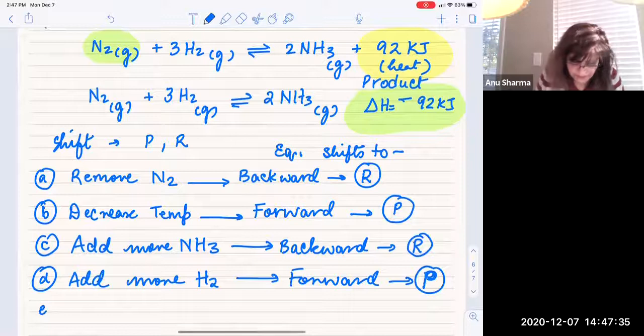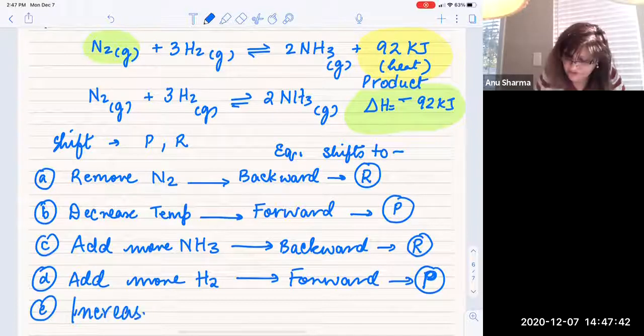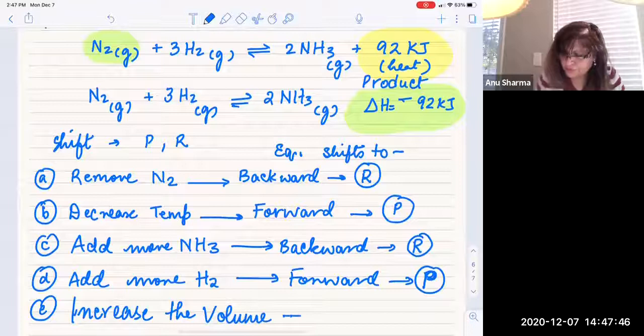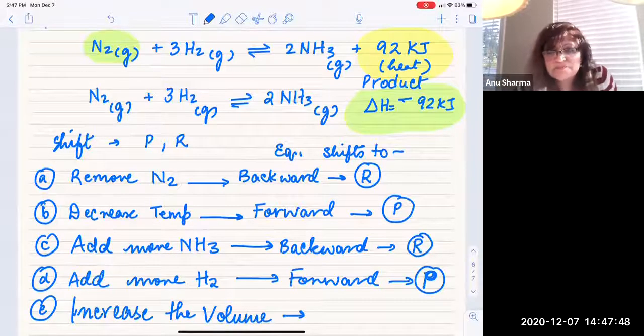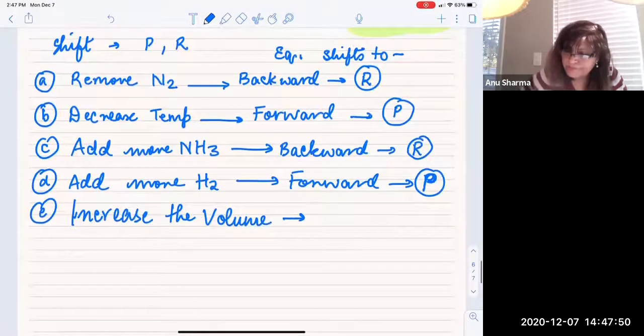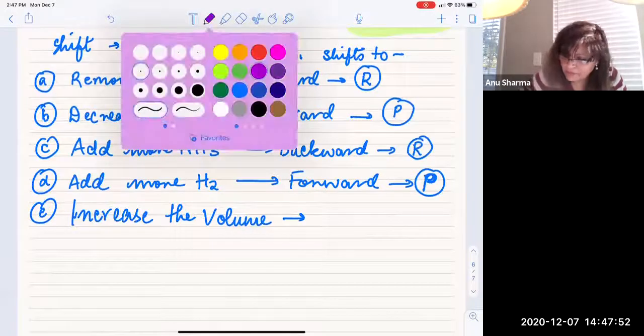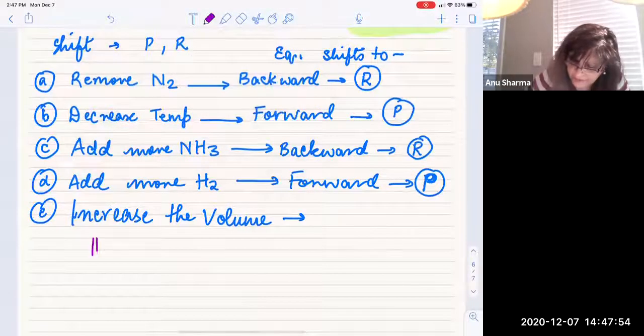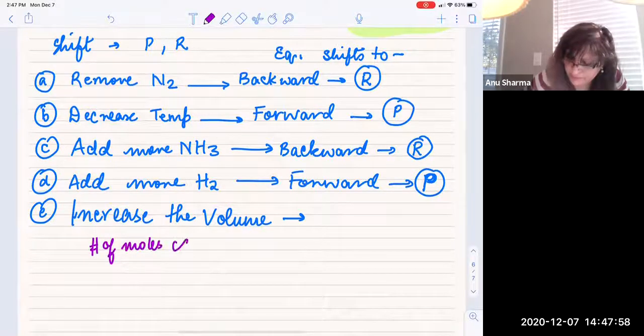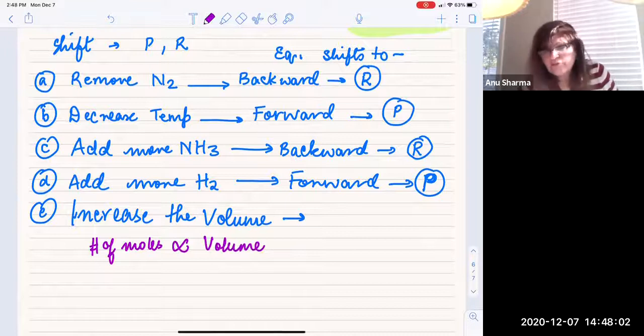The last part, E, increasing the volume. Now which side is it going to move? Remember that volume and the number of moles go hand in hand. Number of moles is directly proportional to the volume of the container, the volume of the gases.